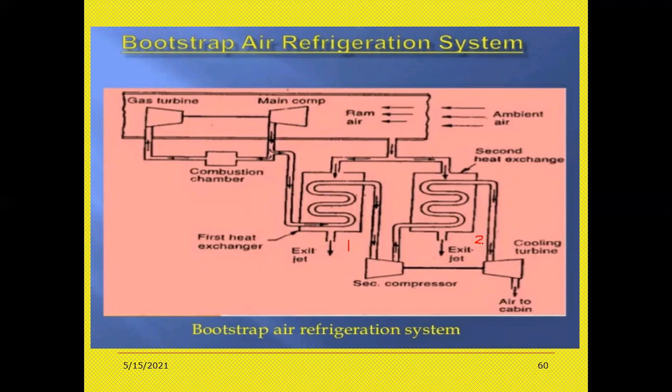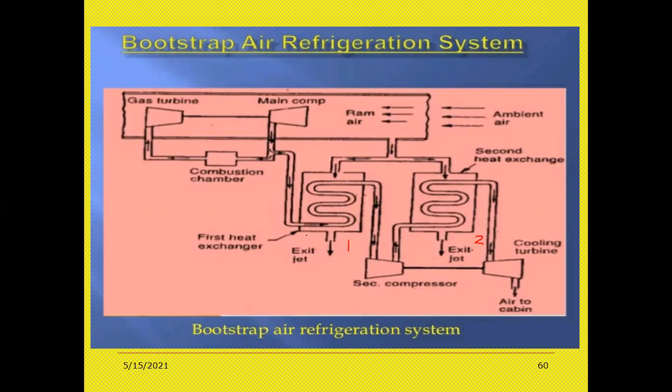Only the thing is you have two exchangers. Remaining everything is the same. See here, the ambient air is passing through the ram air and passing to the main compressor and the gas turbine, and from there through the compression chamber it is passing into the first heat exchanger, second heat exchanger.